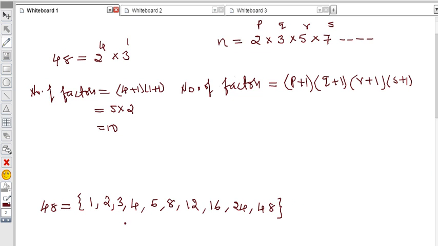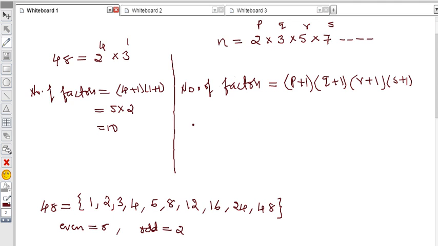If you count them, the total is 10. So the number of factors is 10. But we need the number of even factors and odd factors. In this, except 1 and 3 all are even. So 8 are even factors, and the number of odd factors is only 2.